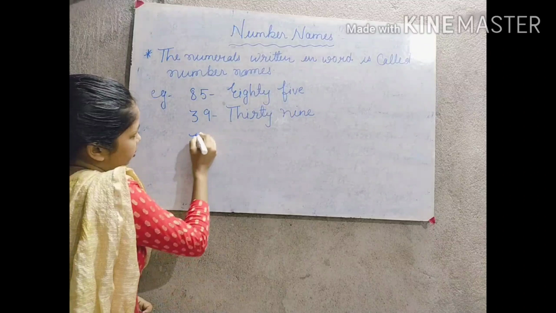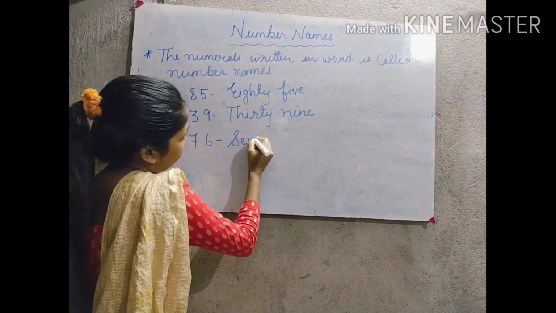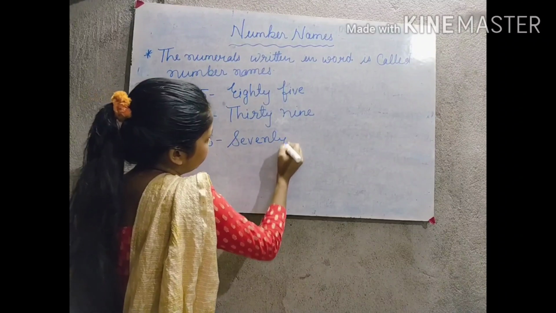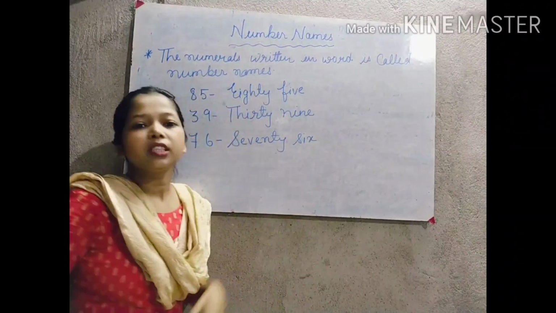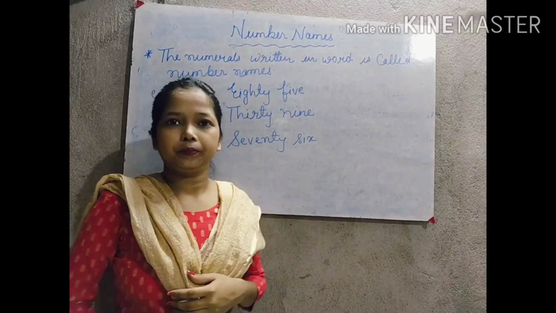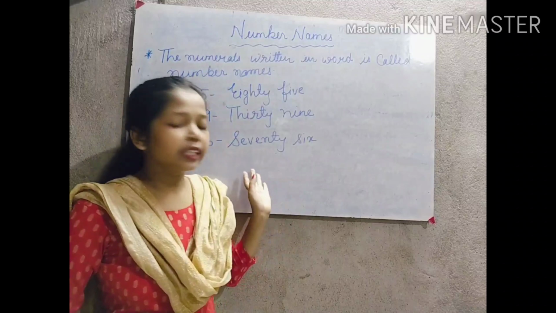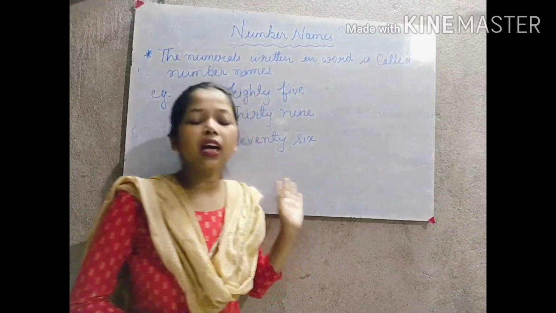And the last one, 76. S-E-V-E-N-T-Y, S-I-X. 76. So children, these are the examples of 2-digit numbers which you have studied in class 1.